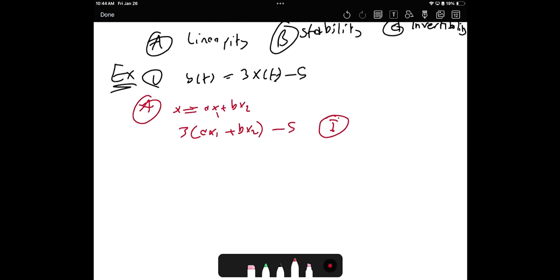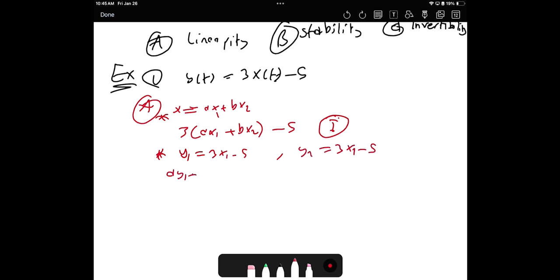Now, the second thing: replace or find y1, which is 3x1 minus 5, and y2, 3x2 minus 5.